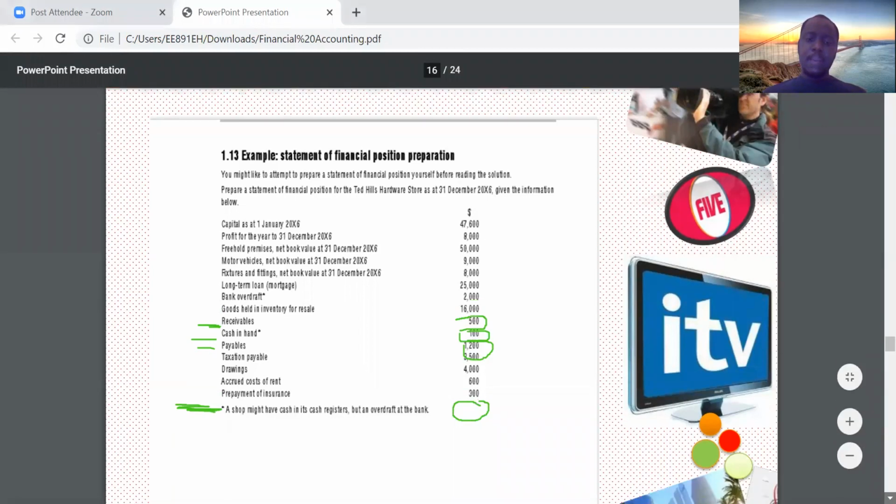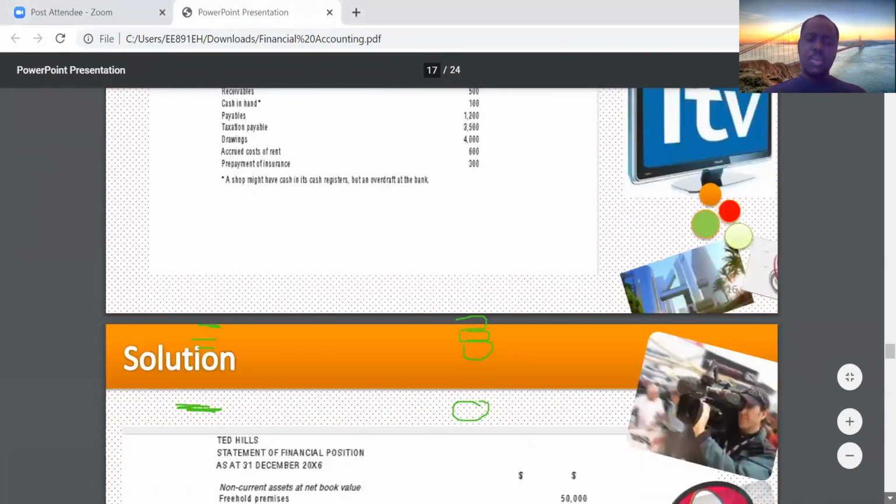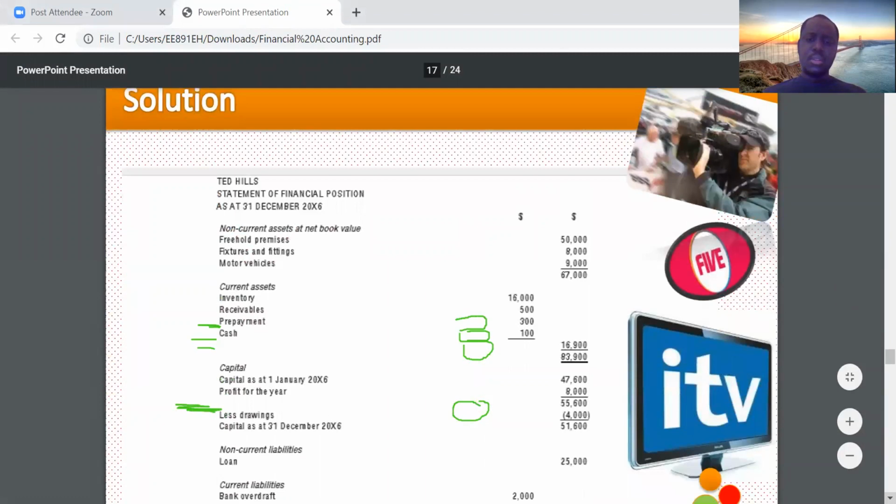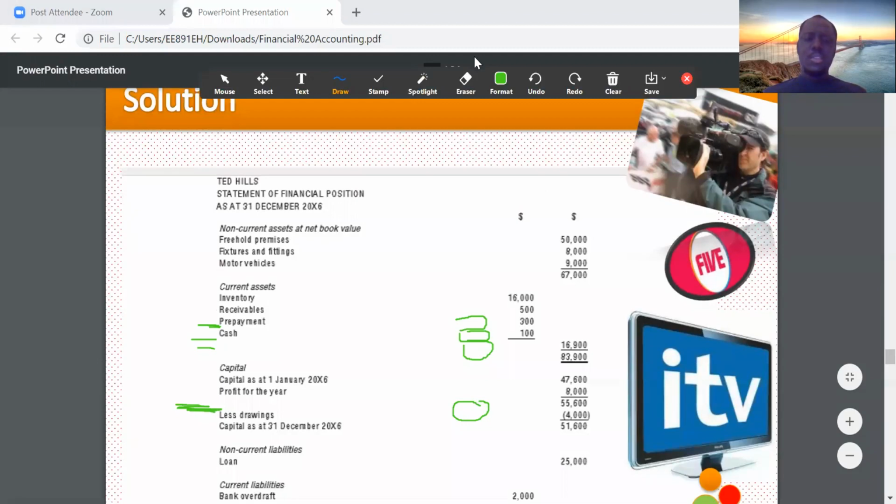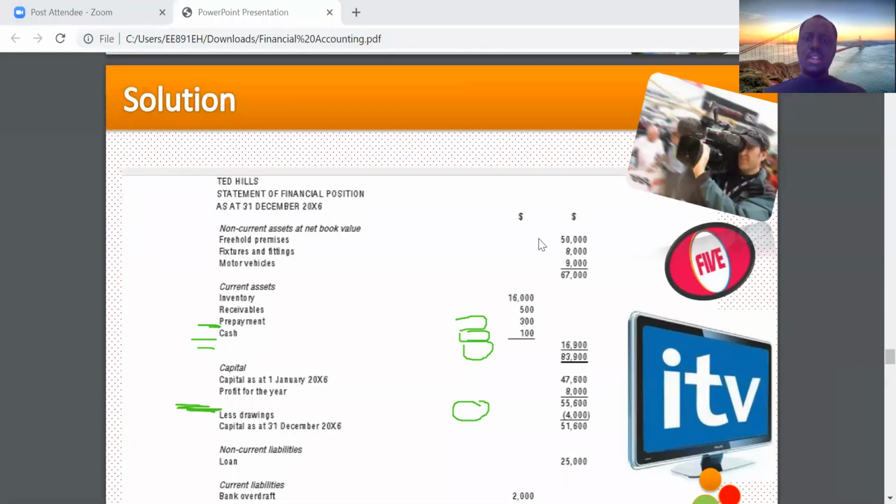So let's go back to the solution, see what's happening. You can see clearly from here that everything we mentioned, inventory, receivables, prepayment, cash, is all here. These are all current assets.